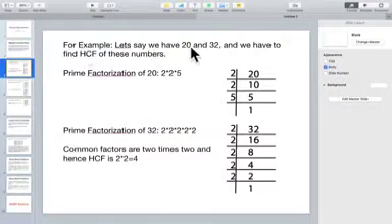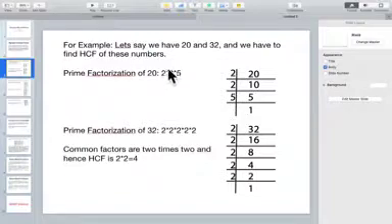For example, let's say we have 20 and 32. We have to find the HCF of these numbers, 20 and 32. So we prime factorize 20 and we have 2 into 2 into 5. And prime factorization of 32 is 2 into 2 into 2 into 2 into 2, that is 2 five times.